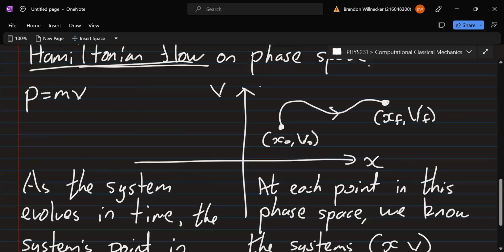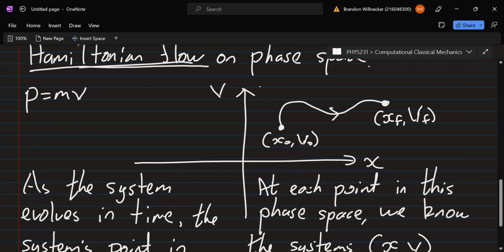For example, this path over here. We start at x naught, v naught, and then as the system evolves, it's going to move along the path, given some time t.